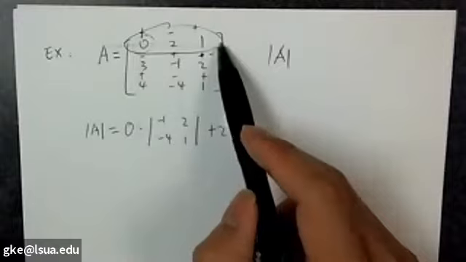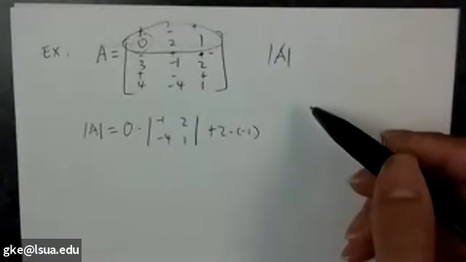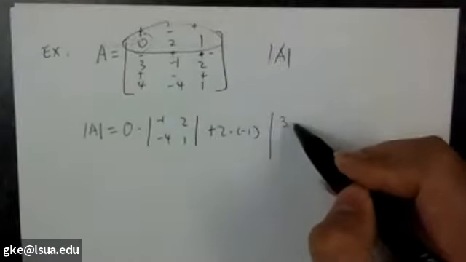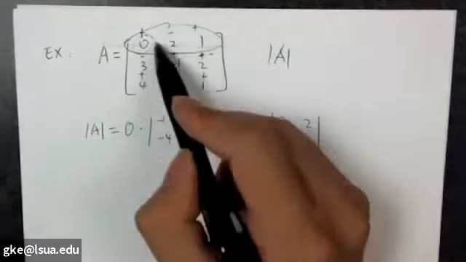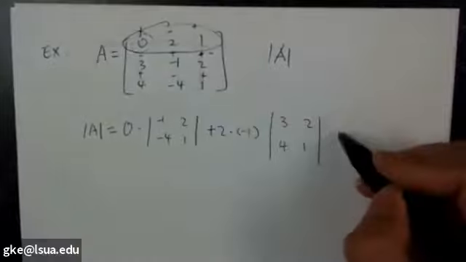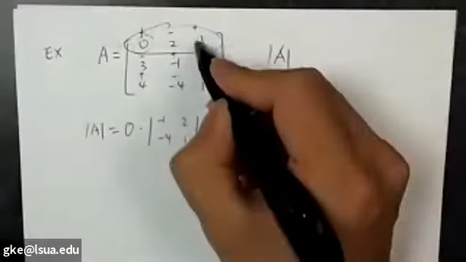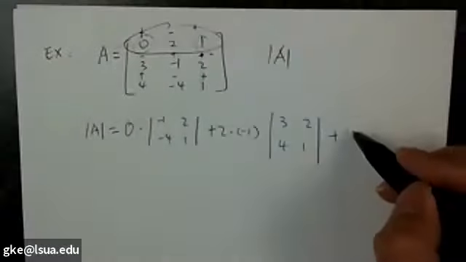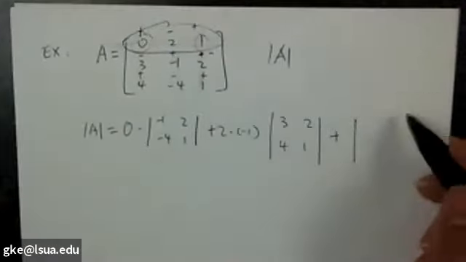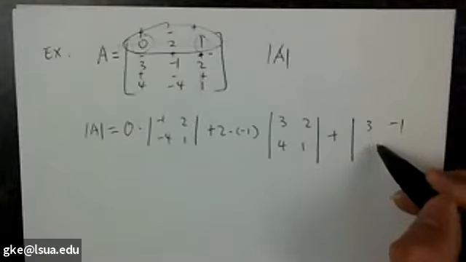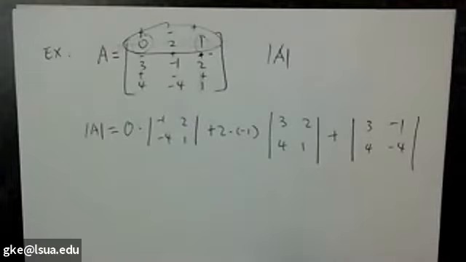So cross out the first row, second column, we get 3, 2, 4, 1, right? And the last element is 1, and it's positive, okay? Cross out the first row, the last column: 3, -1, 4, -4, right?